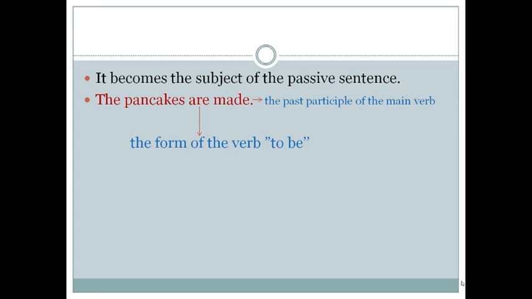Are is the form of the verb to be, and made the past participle of the main verb. The pancakes are made.